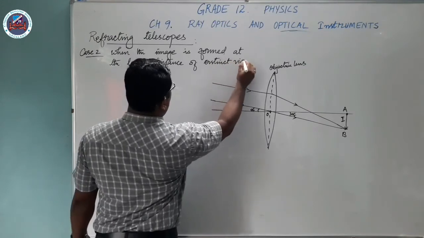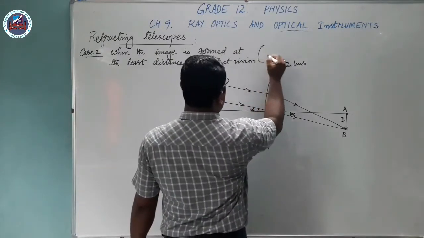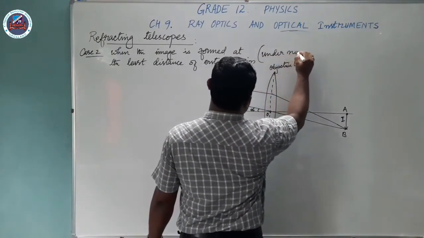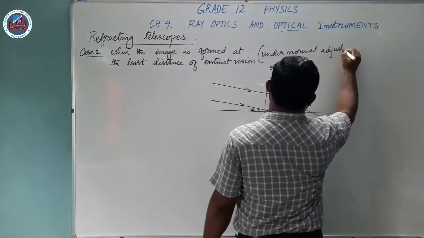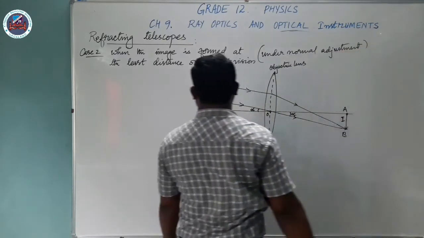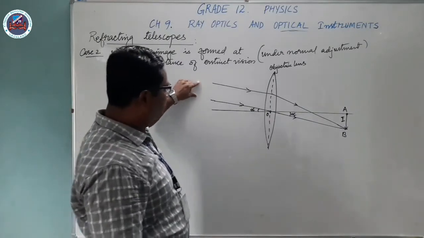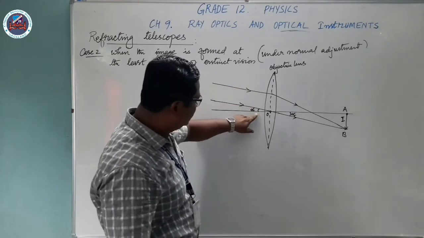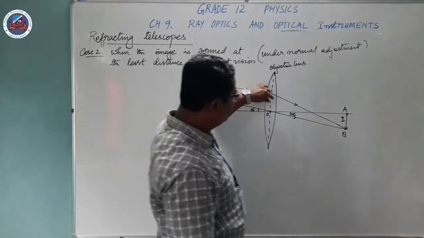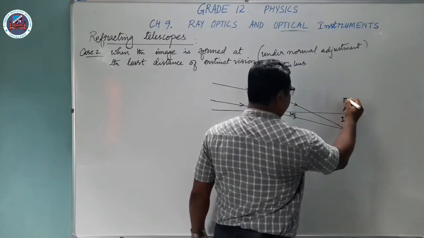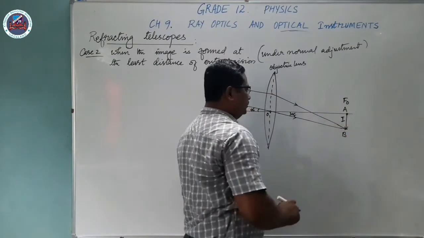That will be under normal adjustment in your telescope. Under normal adjustment, as I said before, here also the rays that come from infinity will come parallel at a smaller angle. This angle should be very, very small. And then the first image will be formed at the principal focus of the objective lens. That is AB, written there.